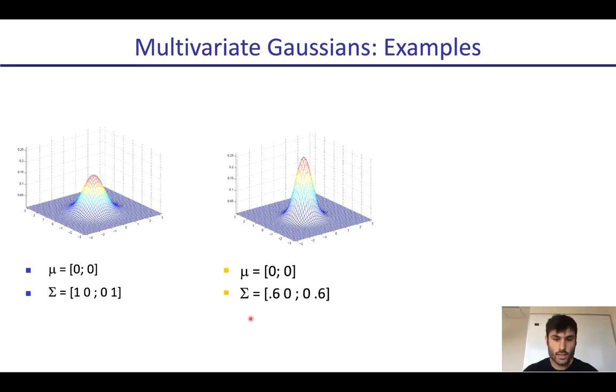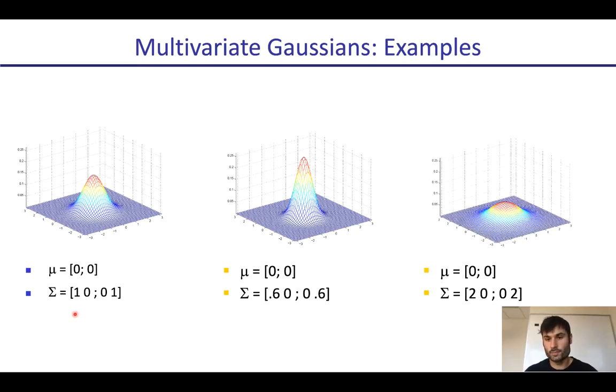And this results in the new random variable having less variance, so all the mass is centered around mu. This means the PDF has a higher value on mu and nearby points compared with the identity covariance.